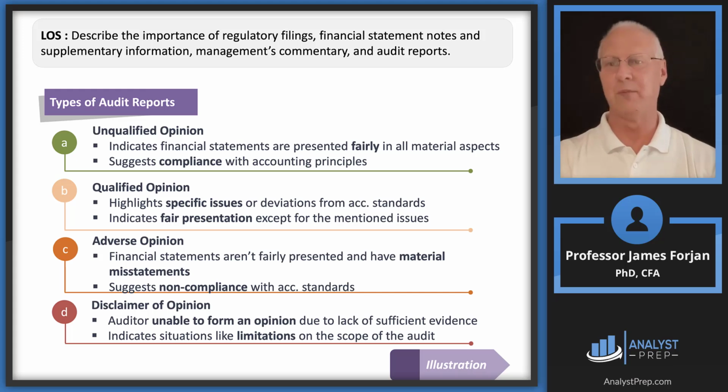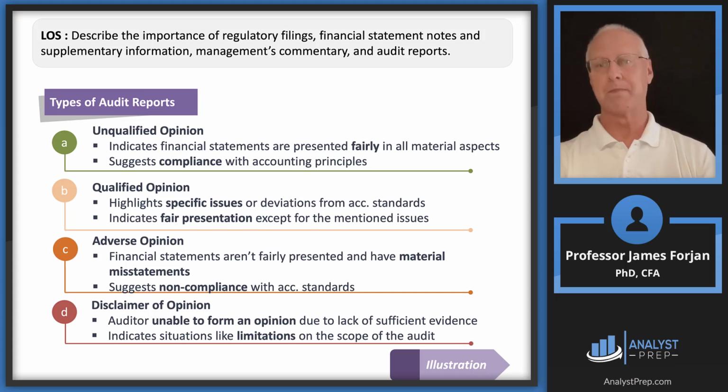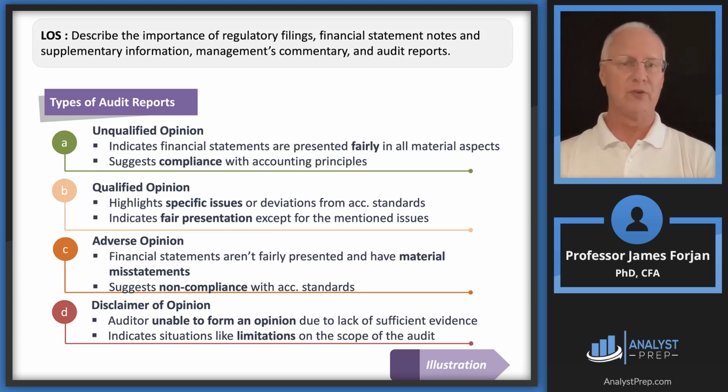Maybe they used Jim's inventory method. So we're going to offer just a qualified opinion because we think it's probably fair, but we're not 100% sure. We want to make sure that anybody who uses these financial statements is aware of this qualification so that he or she can make their own judgment about Jim's inventory valuation.